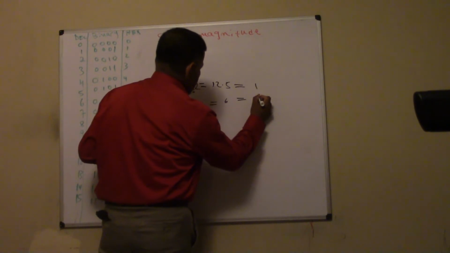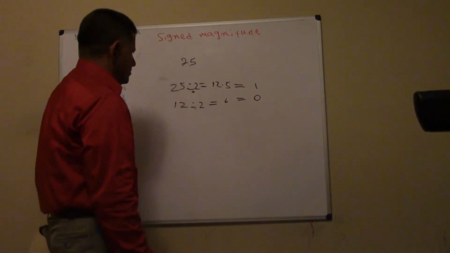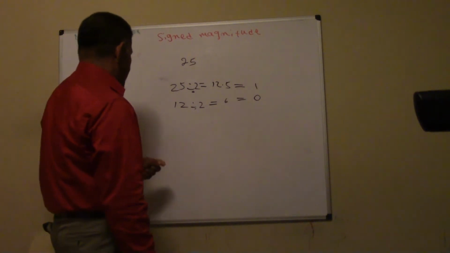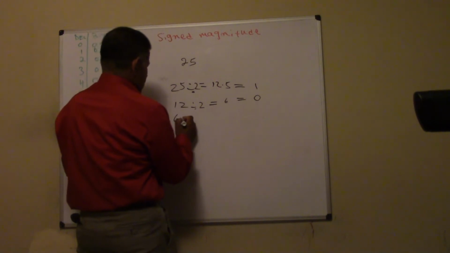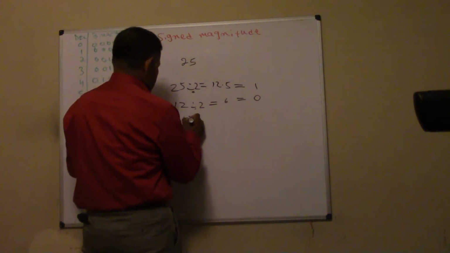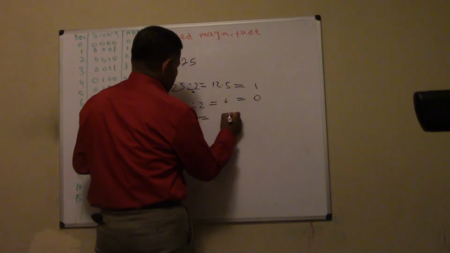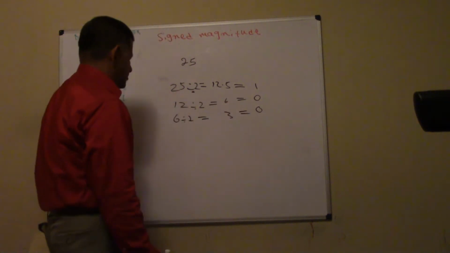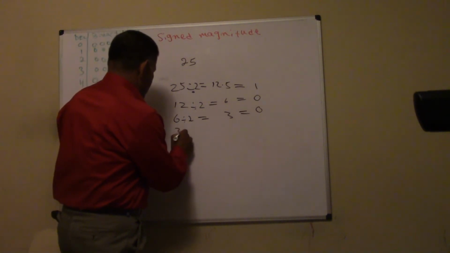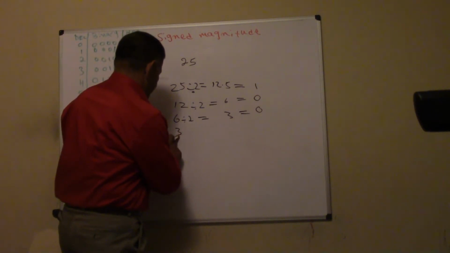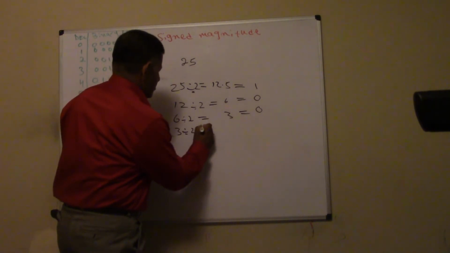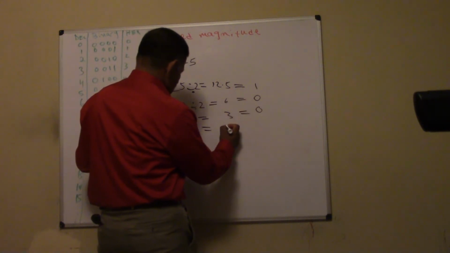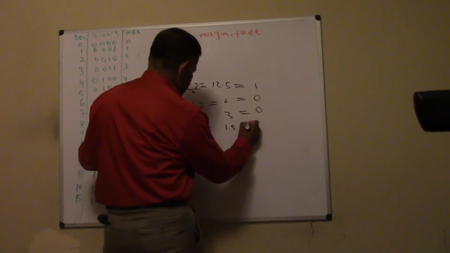That gives me a 0. Then 6 divided by 2 is equal to 3. That gives me another 0. Then 3 divided by 2 is equal to 1.5. That gives me a 1.